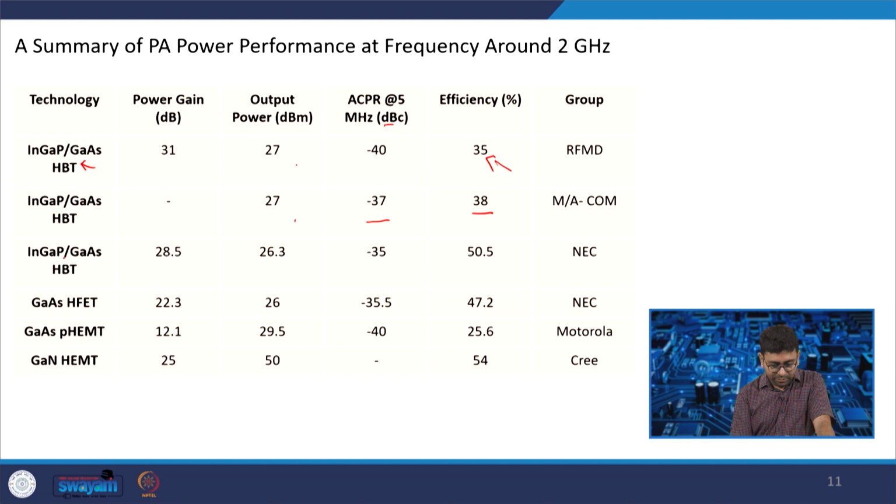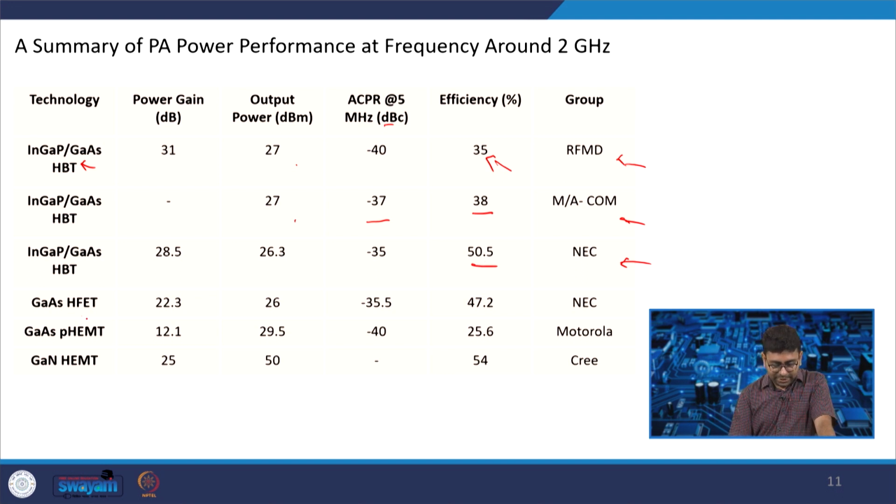Indium phosphide gallium arsenide HBTs are manufactured by various groups, RFMD, MACOM, NEC, and they have demonstrated efficiency up to 50.5%.